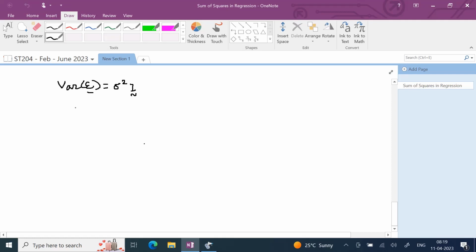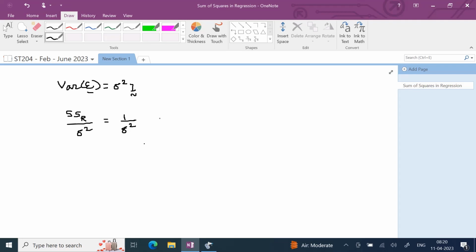So if I consider SSR upon sigma square, that would become 1 upon sigma square, and for SSR we just showed that the matrix is idempotent, and hence that matrix occurs only once.